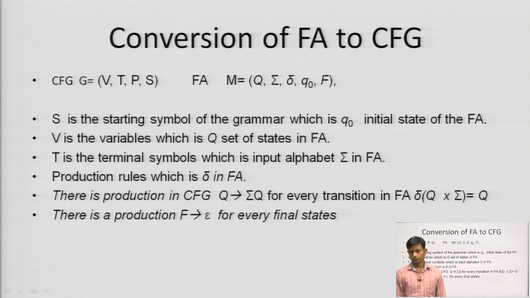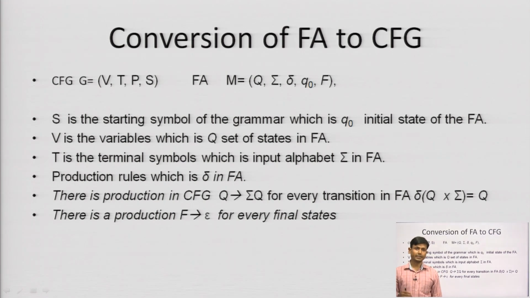Here we have a context free grammar G having 4 tuples V, T, P, S, and a finite automata machine M with 5 tuples: capital Q, sigma the input alphabet, delta the transition function, Q0 and F the final states. Here is the rule. If S is the starting symbol of the grammar, then it is Q0, the initial state of the finite automata.